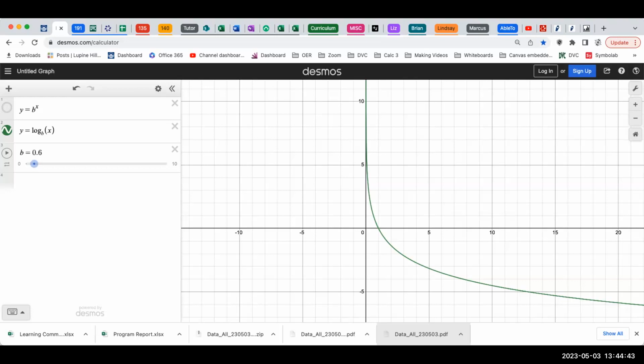Okay, let's see, a more complicated example. Same thing, let's find the domain of f of x equals ln of x squared minus 4x plus 3.